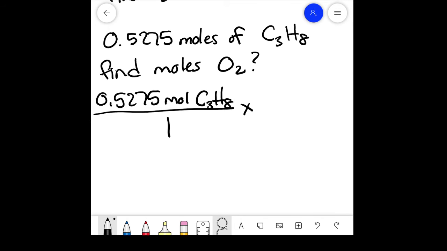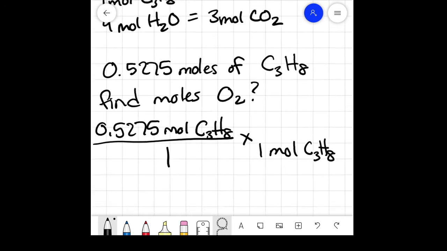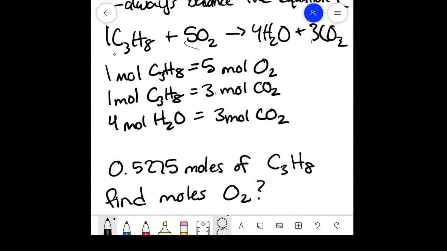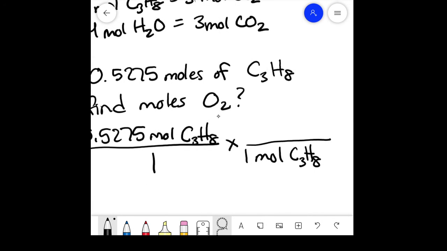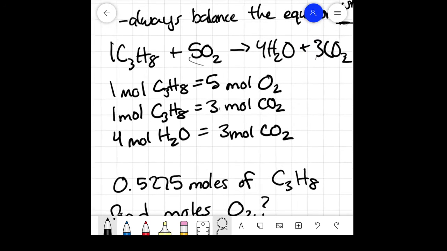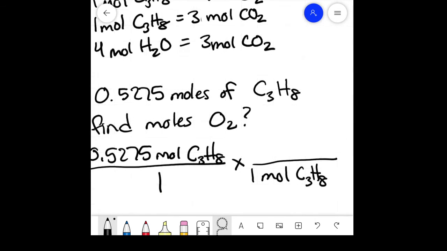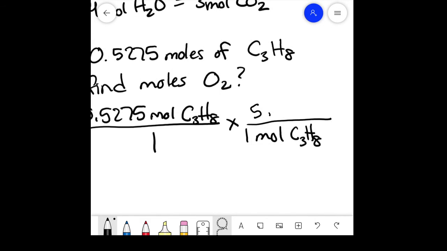And so, of course, to cancel out, we need moles of C3H8 on the bottom. And since the coefficient in the equation for C3H8 was 1, it would just be 1 here. And then we want O2. So we go back and we see the coefficient is 5. So we know that would be 5 moles of O2.